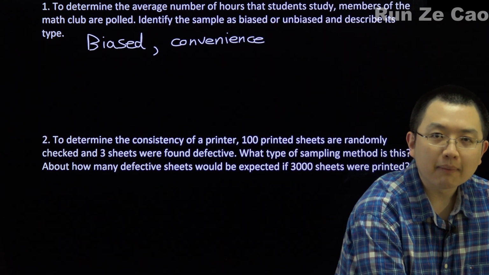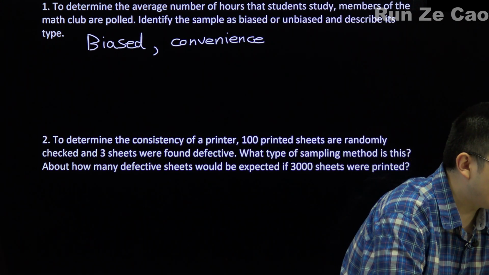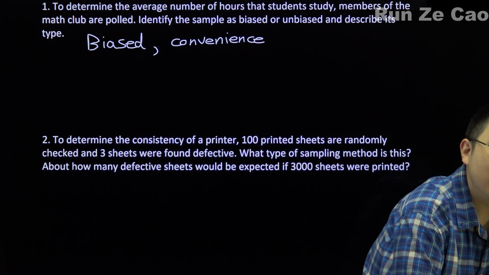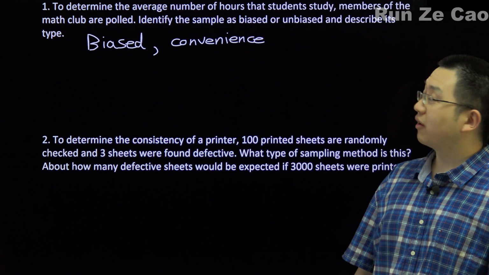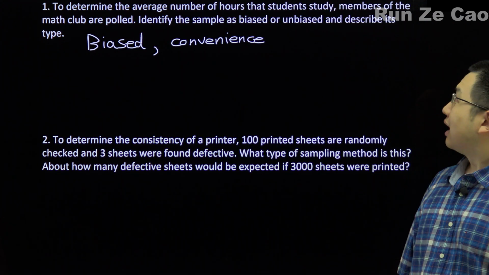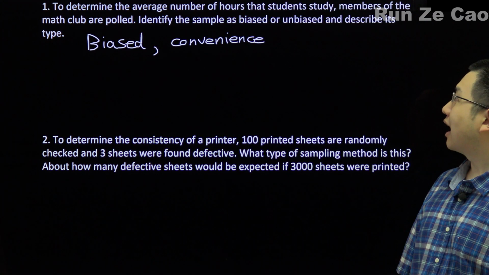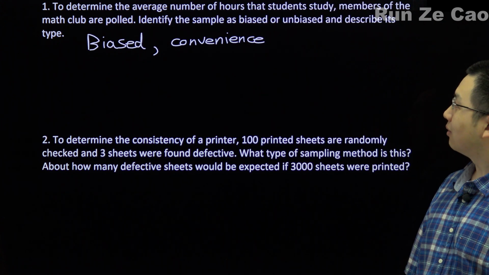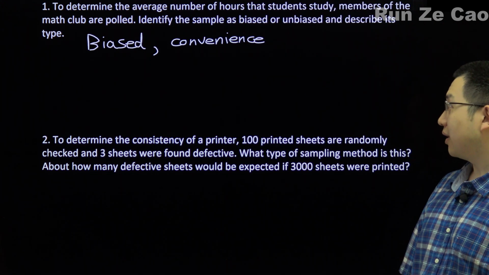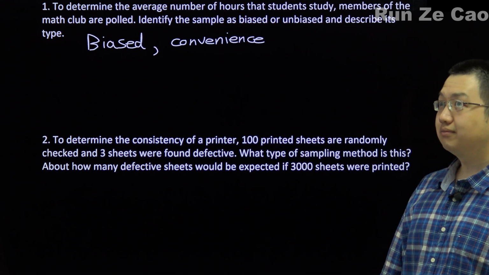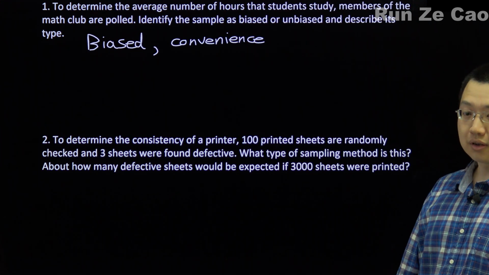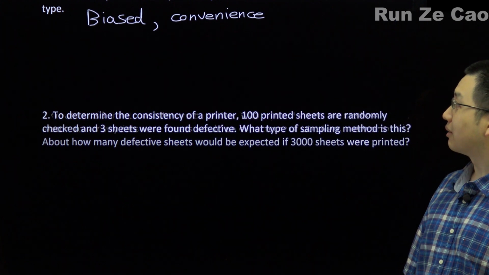Yeah, this is probably something that a math club member wanted to do in the first place, to figure out the average number of hours students study. And yeah, the other members should hopefully have stopped him or her in time, because this is terrible. Like, this is really, really biased.